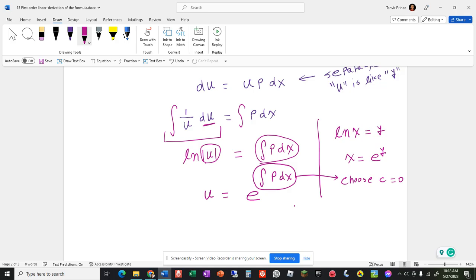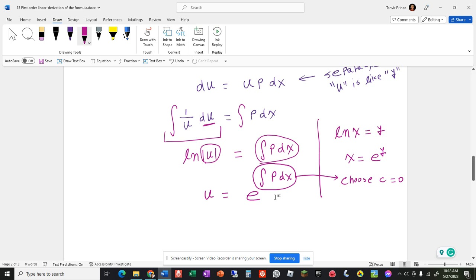If you choose c to be some other number, it's okay, but your goal is to find the simplest possible u which will do the job, just one particular u that will do the job. So why choose an arbitrary c? Just choose c to be 0.